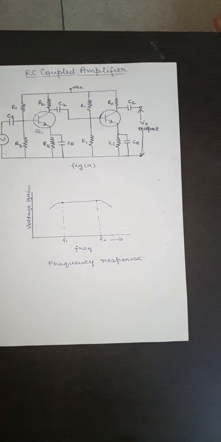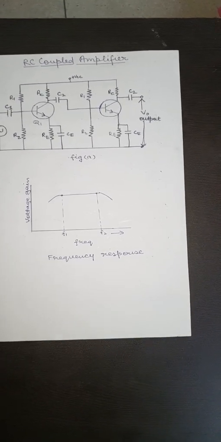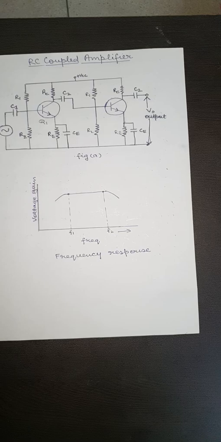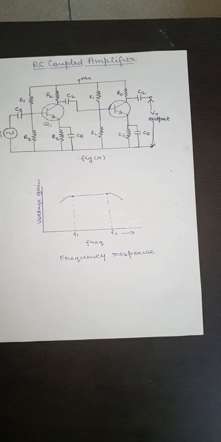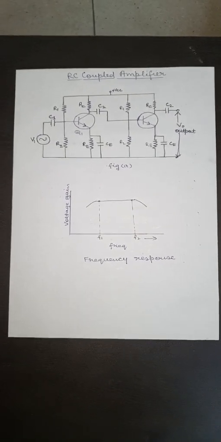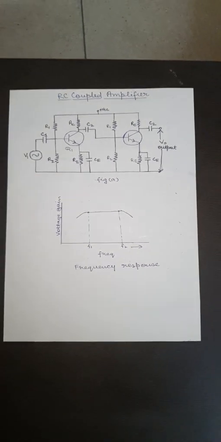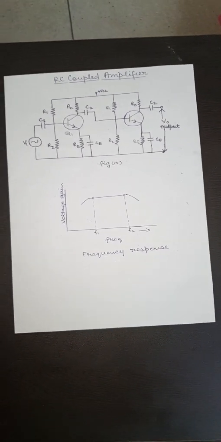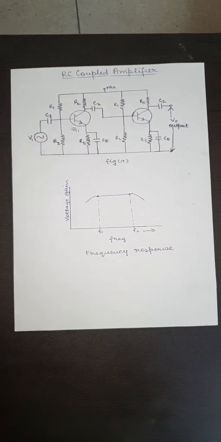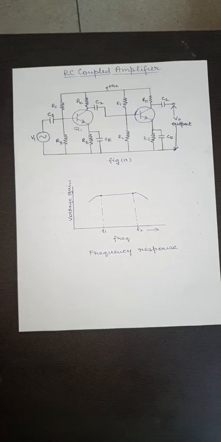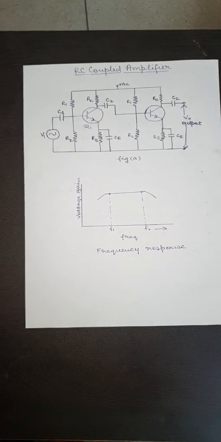As a capacitor blocks DC, this capacitor blocks any DC component present in V1 and couples only the AC component of the input signal. So the transistor biasing remains unchanged due to the presence of coupling capacitor C1.